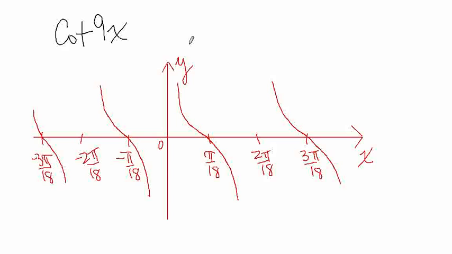Alright, so that's what the graph looks like, and the period is pi over 9. In fact, doing a similar analysis to the analysis for the tangent function, you could determine that for the cotangent of kx, the period is pi over k.